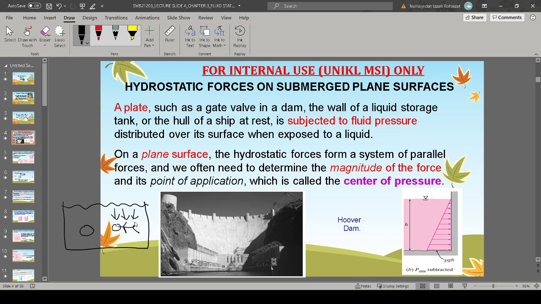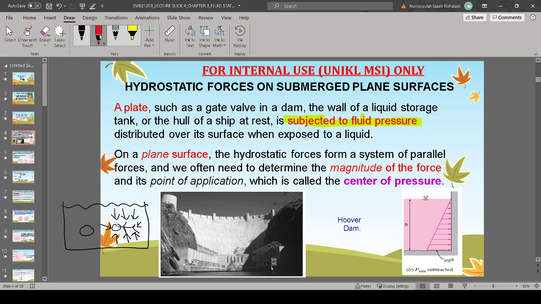Everything underwater will be completely subjected to fluid pressure at rest.